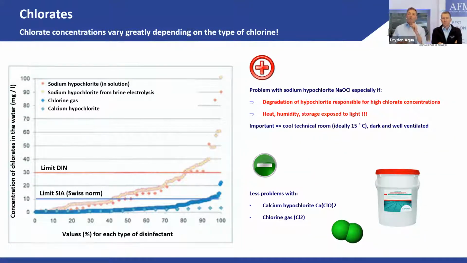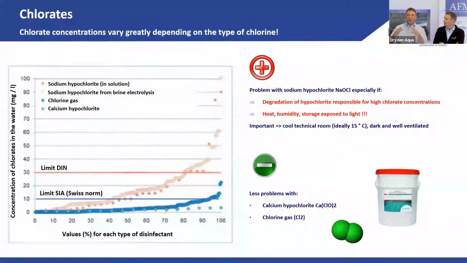You would have the same problem with cal hypo, or why is this? Because as long as the cal hypo is a powder, it's not a problem. It will not degrade. But the moment it's mixed into the water, it starts to degrade. So if you dose the cal hypo through a Granidos, for example, from Werner Dosiertechnik, where you have the powder, and when you need chlorine you mix it with this mixer into the water, then you will not have a problem, because it cannot sit in the water and degrade.